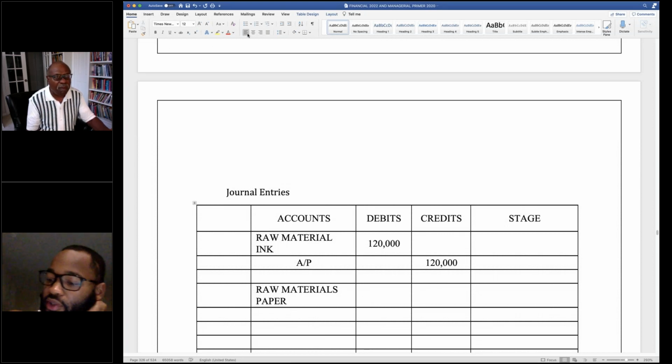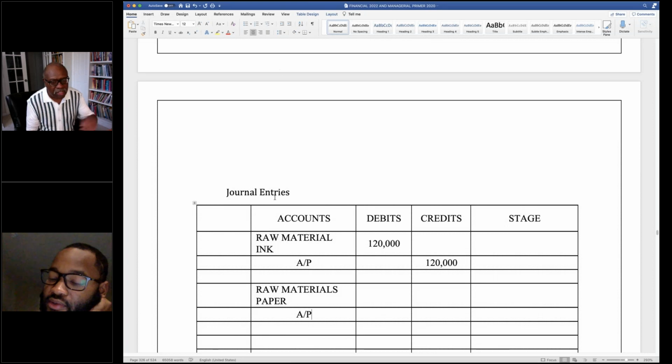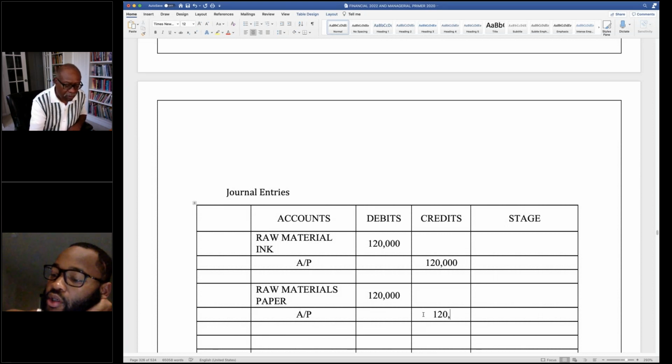So, Professor Boyd, when we're doing these journal entries, is it always the assumption that we bought them on account? Yeah, inventory, you always buy it on account. But that's not an important factor right now.